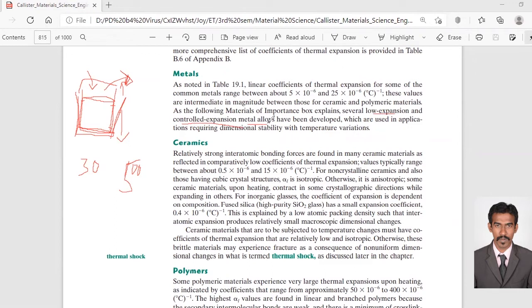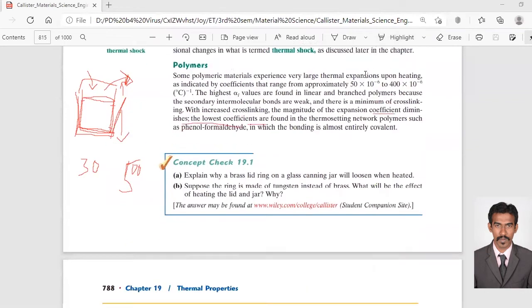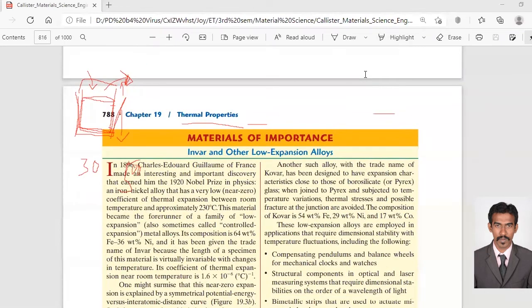So here the expansion is deliberately controlled, used in applications requiring dimensional stability with temperature variations, right? So with the temperature varying, what's actually happening to the dimensional stability? Dimensional stability, I told you, means not changing frequently with the change in temperature, right?